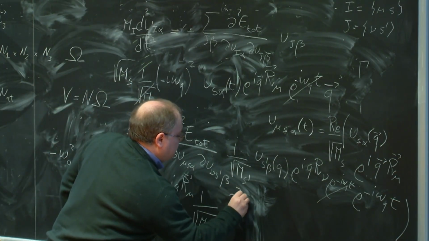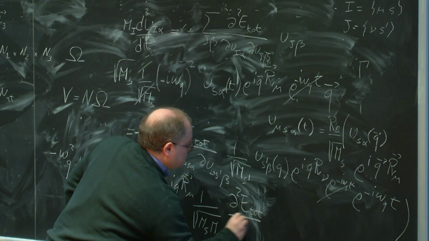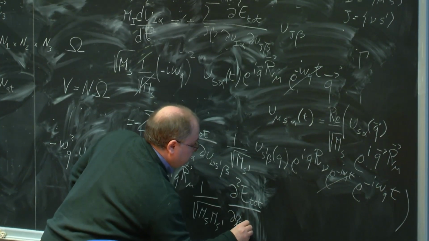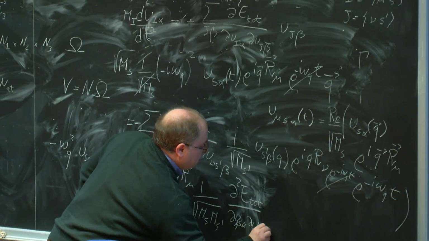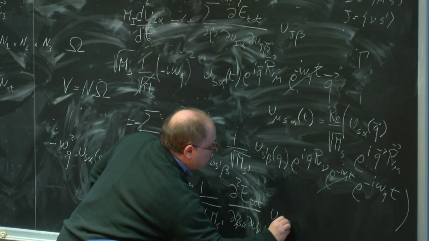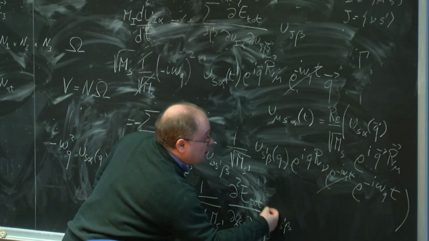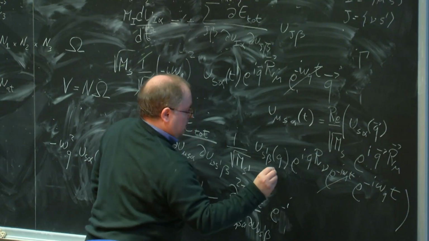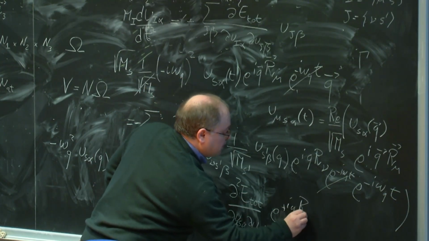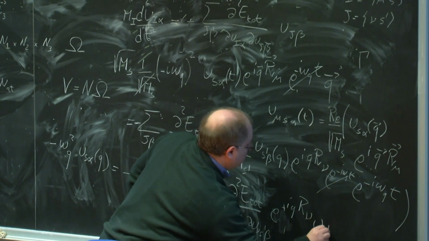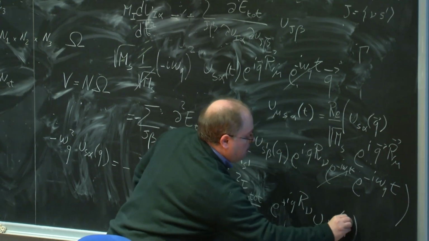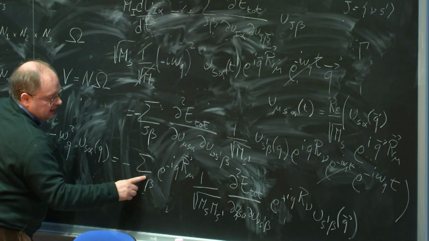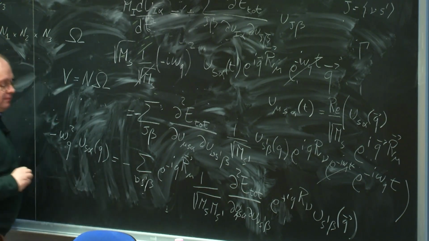Then I have the second derivative of the total energy with respect to U mu S alpha, U nu S prime beta, with e to the minus I Q r mu plus I Q r nu, and U S prime beta of Q. And this sum over J is basically a sum over nu and S prime.